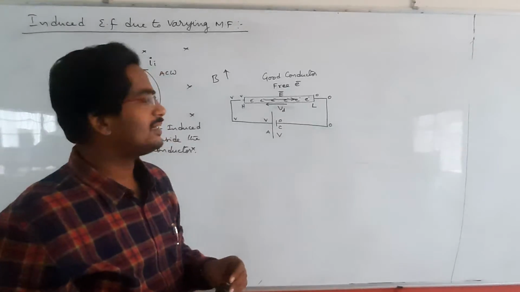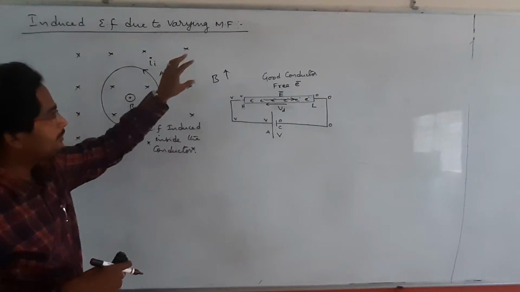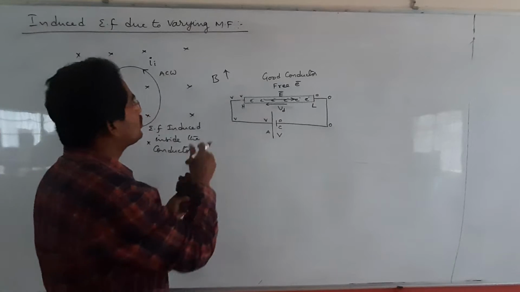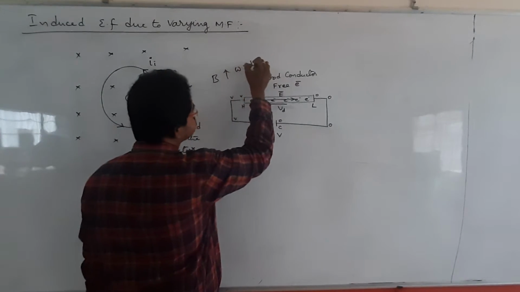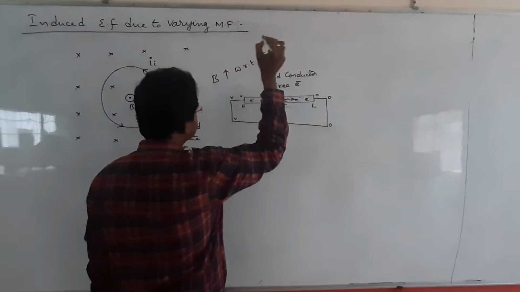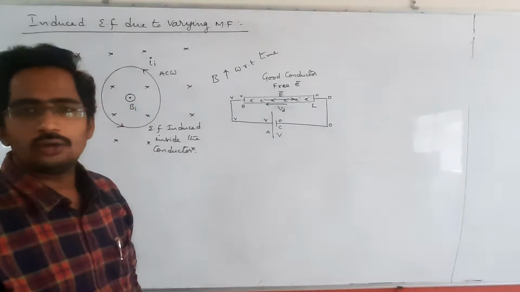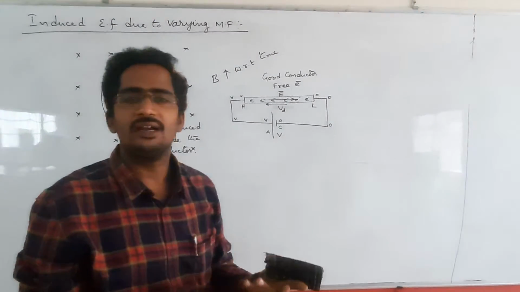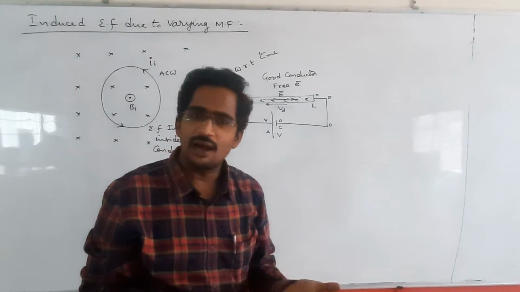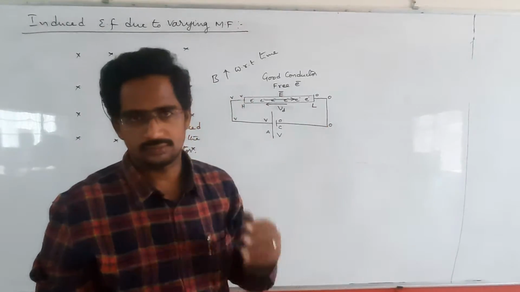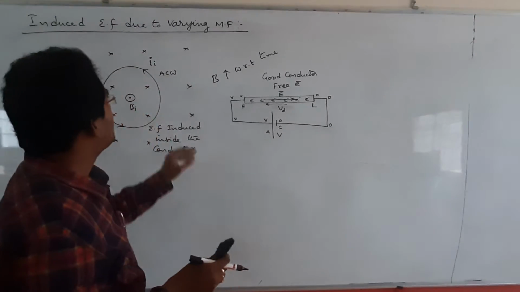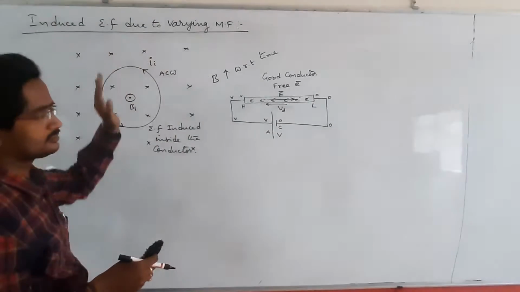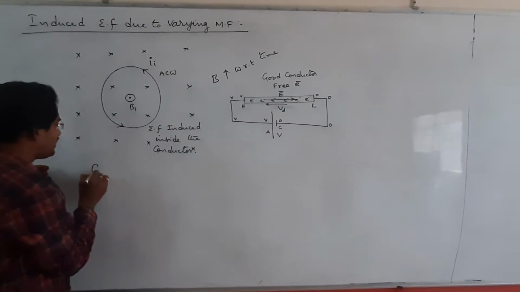So do remember, whenever B is varying with respect to time, there will be induction of an electric field inside the conductor, or even in the space also. So that is the meaning of this.